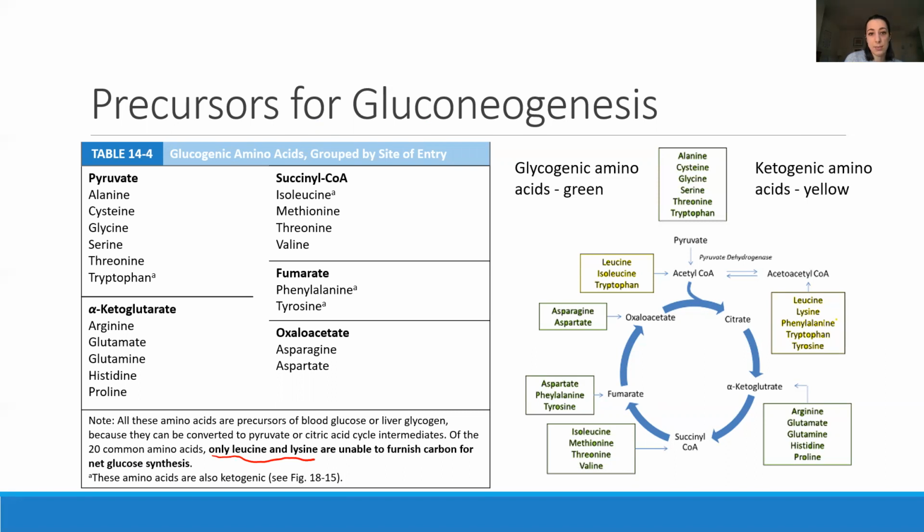They can feed into the citric acid cycle, which we'll be going into more. So they can feed into various points of our metabolism pathway and generally eventually be turned into pyruvate, if not directly, then through a series of steps, which then feeds back into gluconeogenesis.